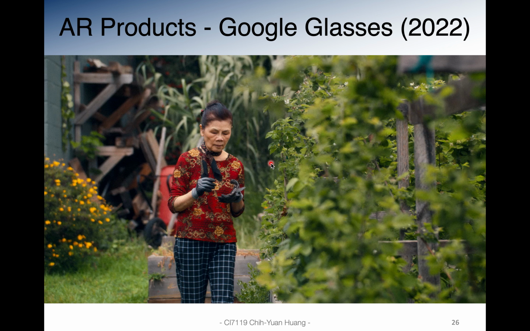Although whether these Google AR glasses for real-time translation are necessary or not is debatable, this is one kind of useful application that AR glasses can provide. So in the class, we are going to watch these two videos, and then we will briefly discuss them as well.